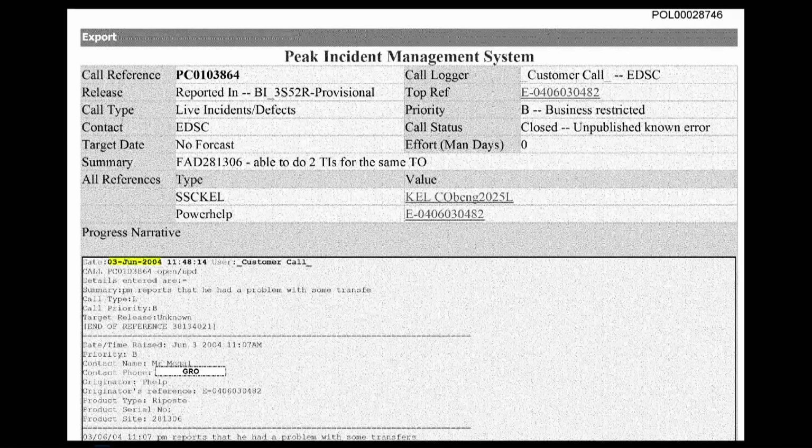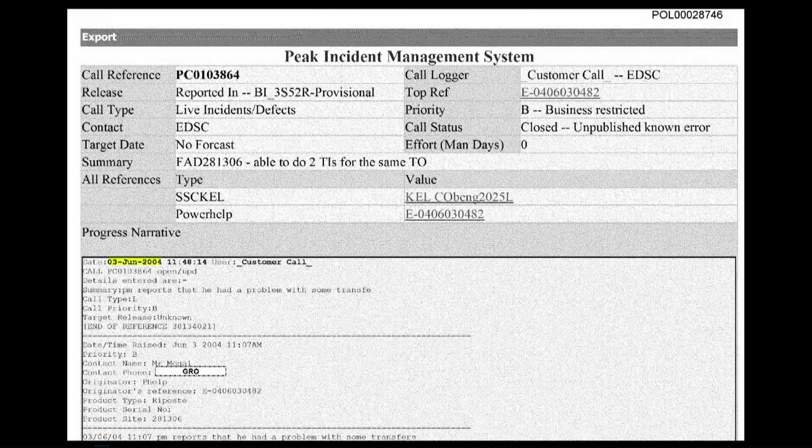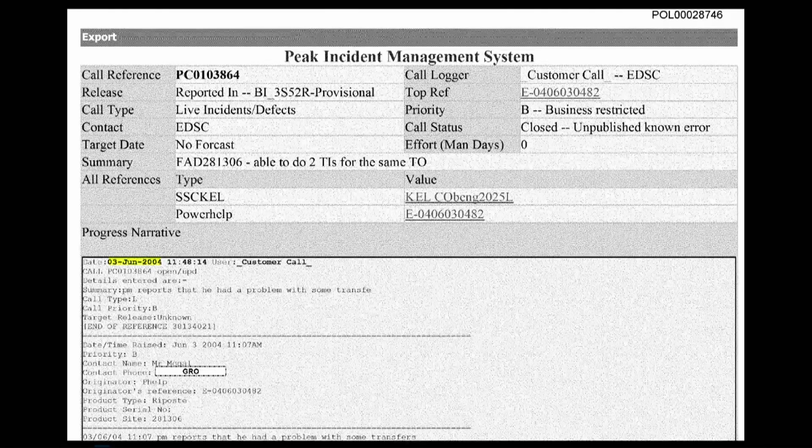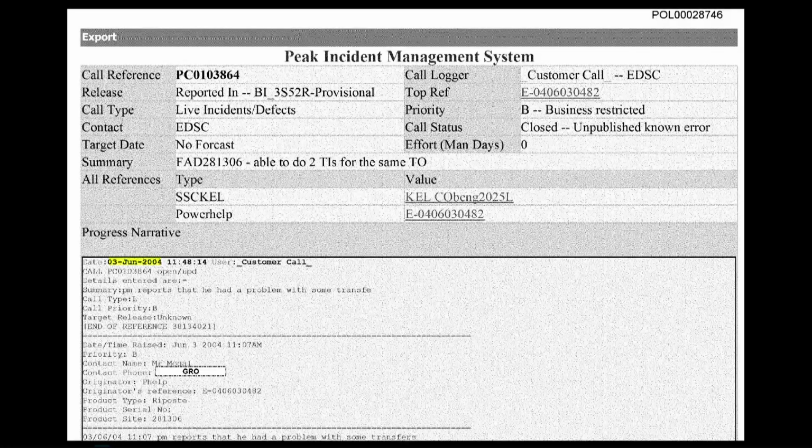You can see that 4 lines in. Summary, postmaster reports he had a problem with some transfers. Yes? Can you see that? Yes, sorry. Yeah, thank you.